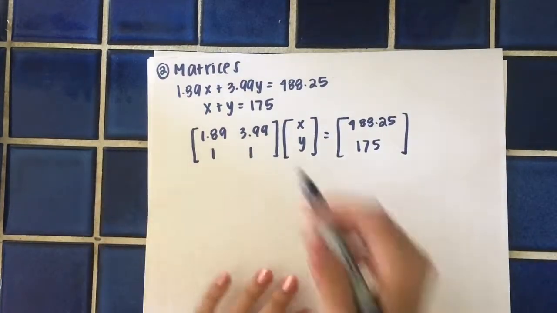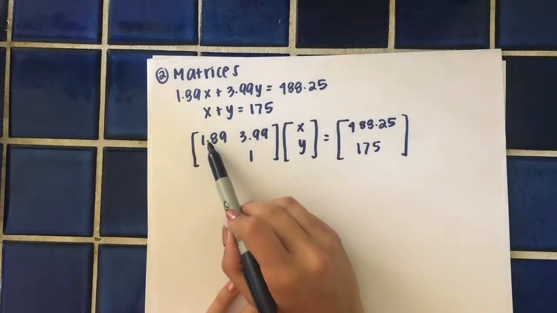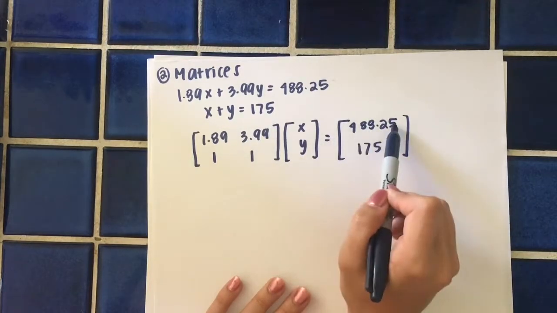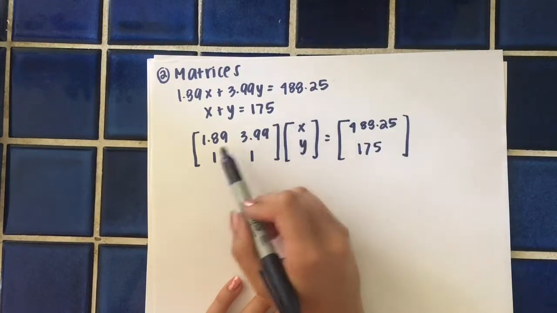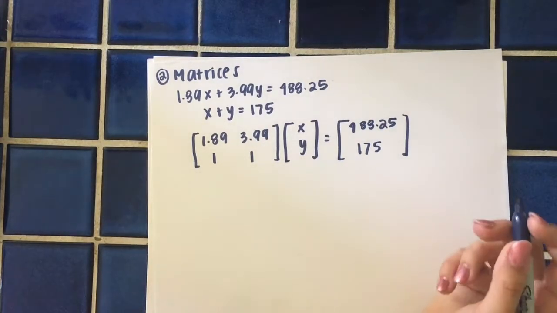This works because if you use a dot product, it'd be 1.89x plus 3.99y equals 488.25, and then x plus y equals 175. So it works.